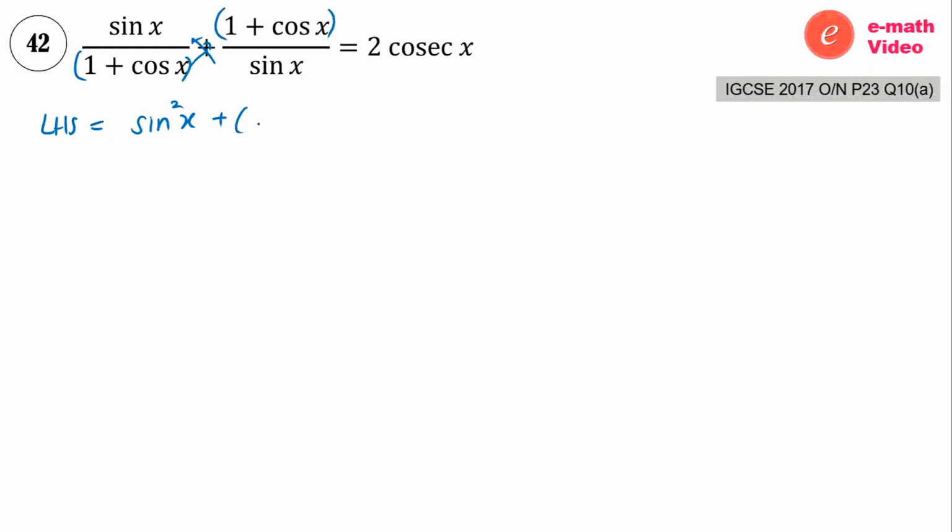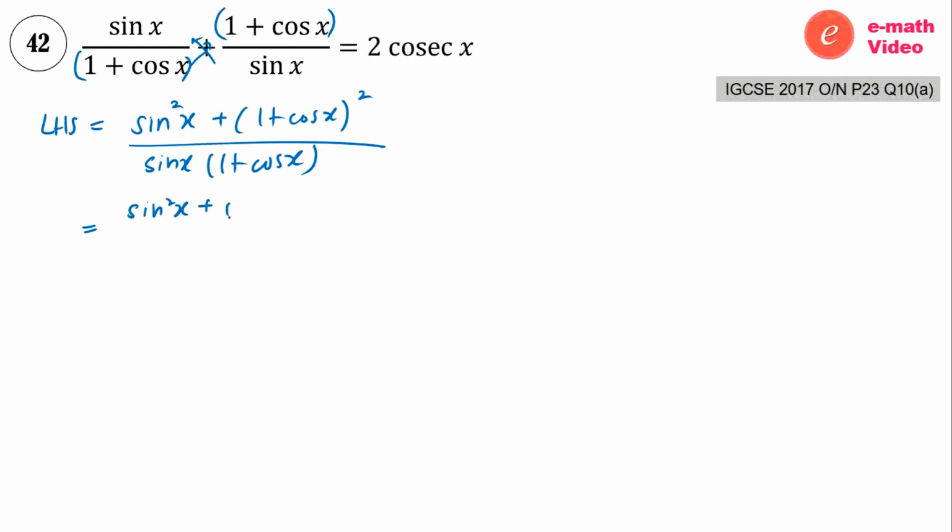So I straight away write down 1 plus cos x square over, maybe I write sine x in front, times 1 plus cos x equals to, we expand this bracket, the bracket is square, plus 1 plus cos square x plus 2 cos x over, okay, I think we have to keep this so that later we can cancel.